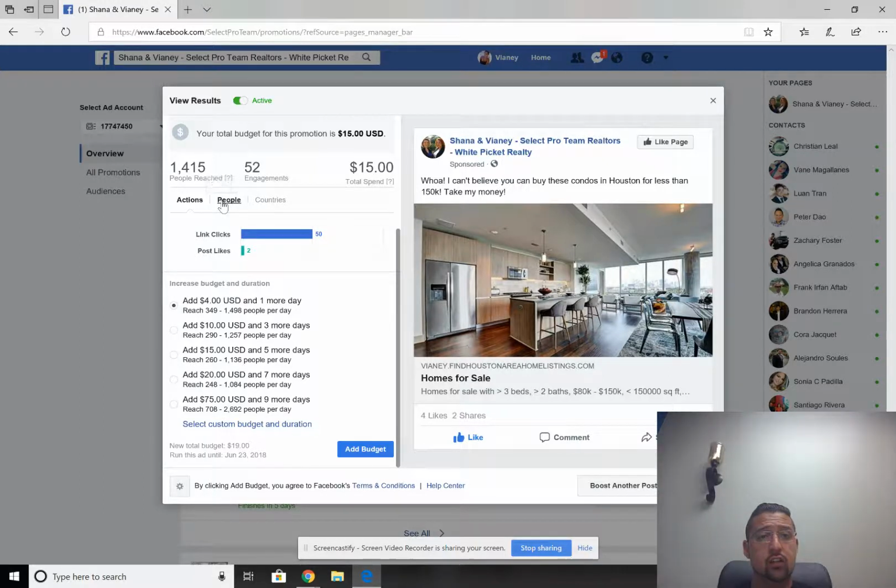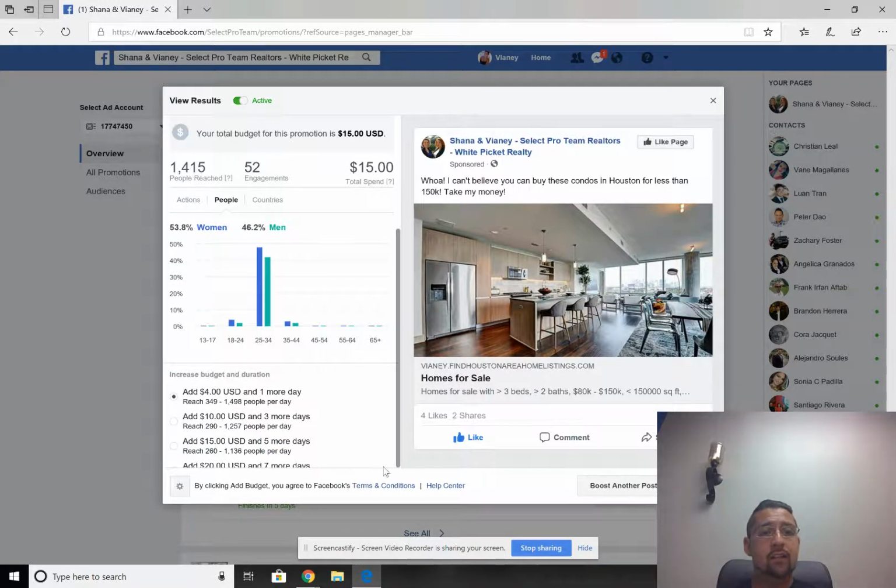So we can actually click on here on people, get a little bit more detail. Now, here's what's interesting. The old saying is men don't buy the house, women do. And if you look at her advertisement, it would actually agree with that. 54% of the people who engaged with her post were women, whereas only 46% were men.